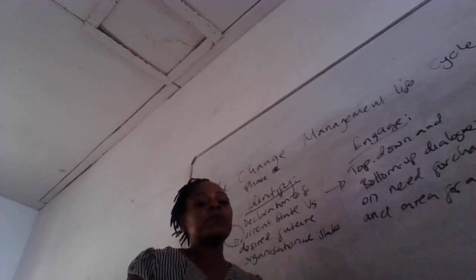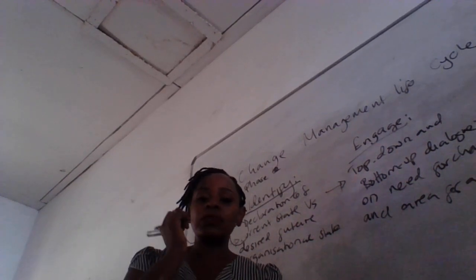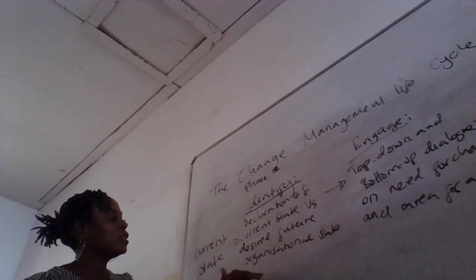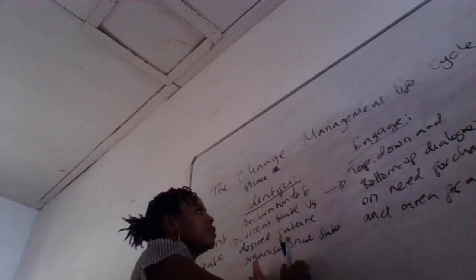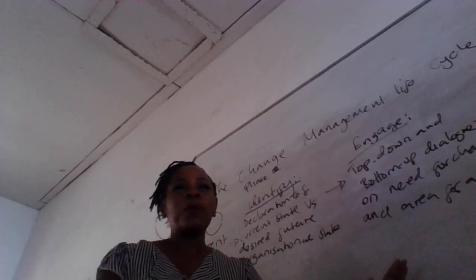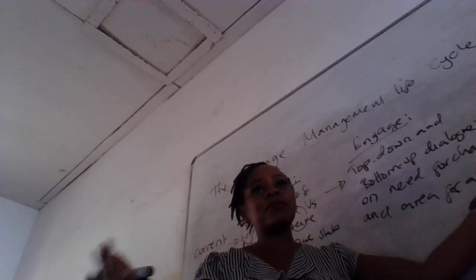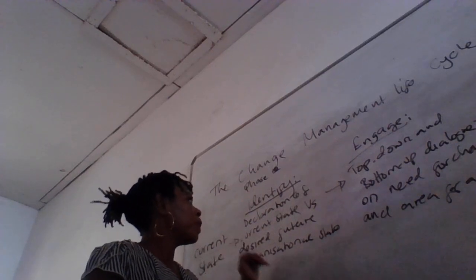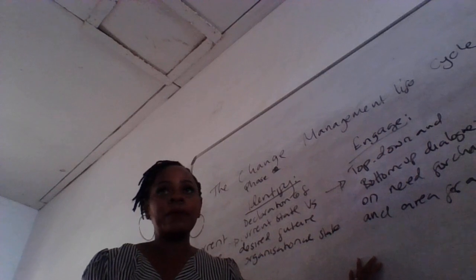So most organization change failures occur because of insufficient time and attention given to the first two phases. So it means you need to give a lot of attention to the identify and engage phases, because if these fail, you cannot implement, and the technology has failed. So you need to put a lot of attention on the identify and engage stage.